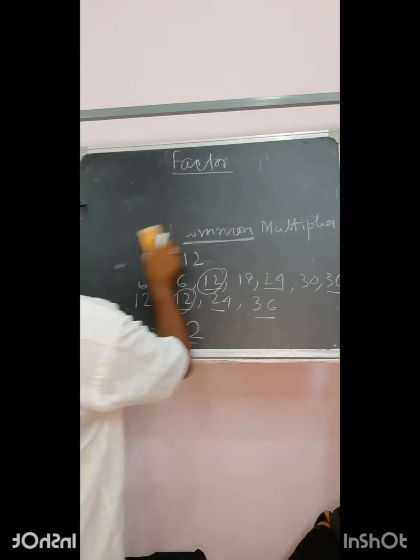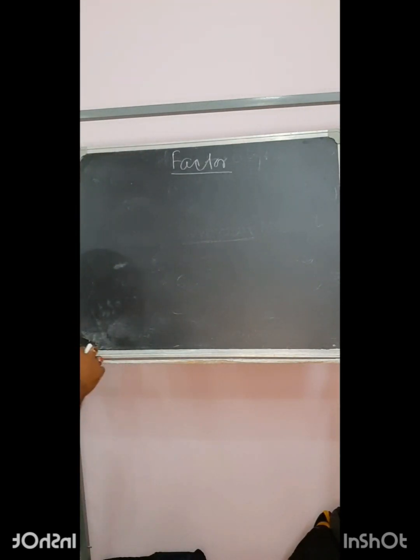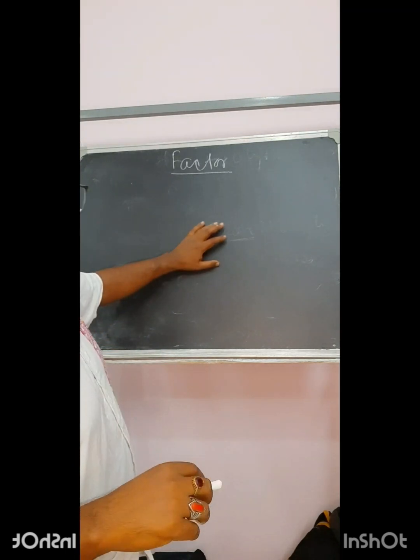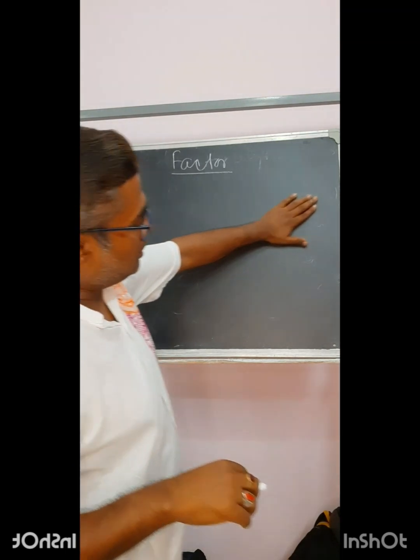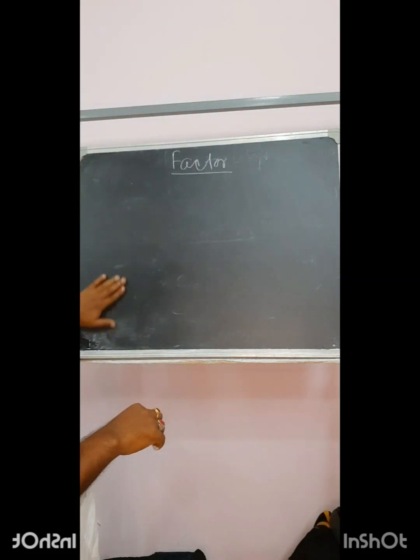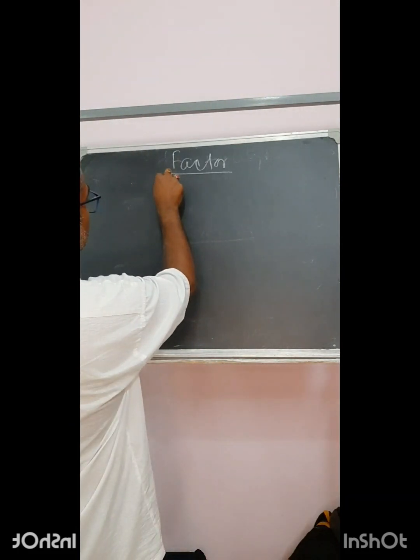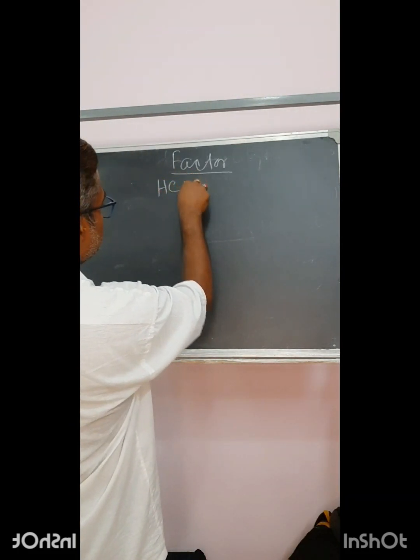Now there are methods by which we can solve the problem where you are told to find the HCF or LCM. So first comes the HCF or GCD, whatever it is.